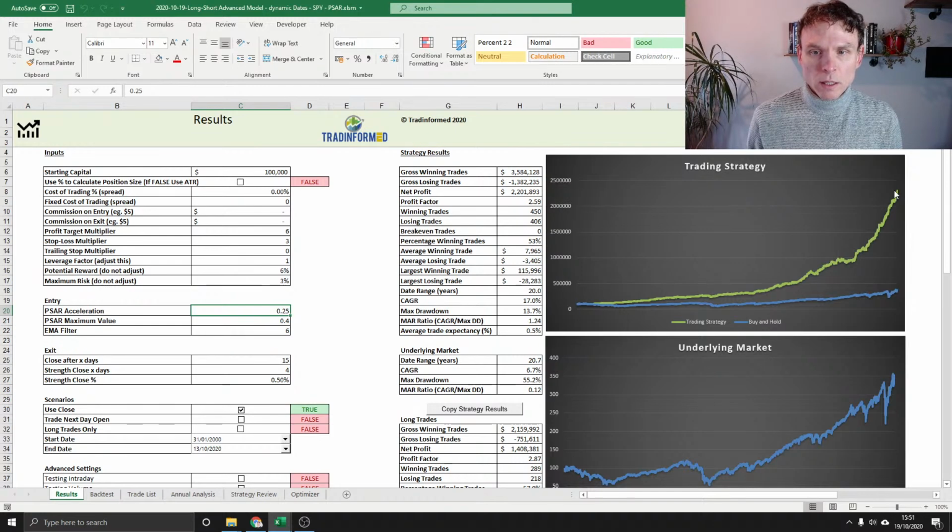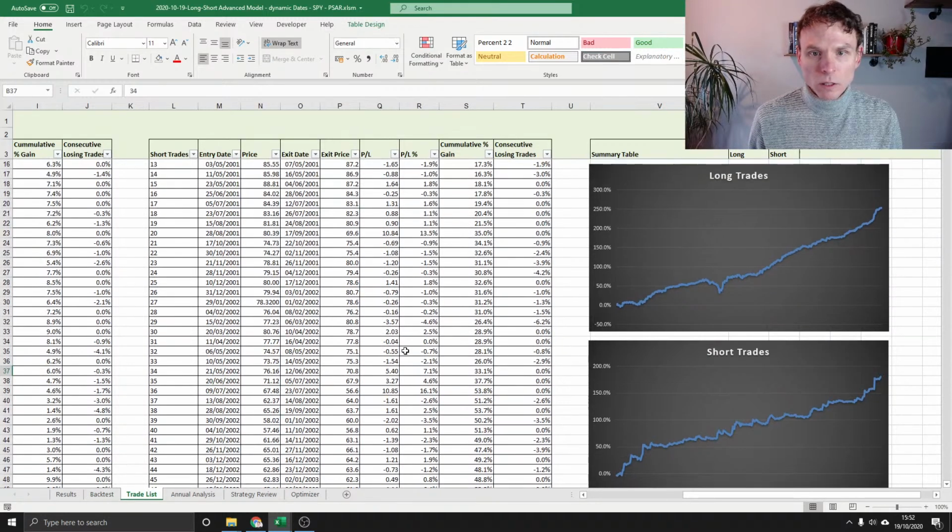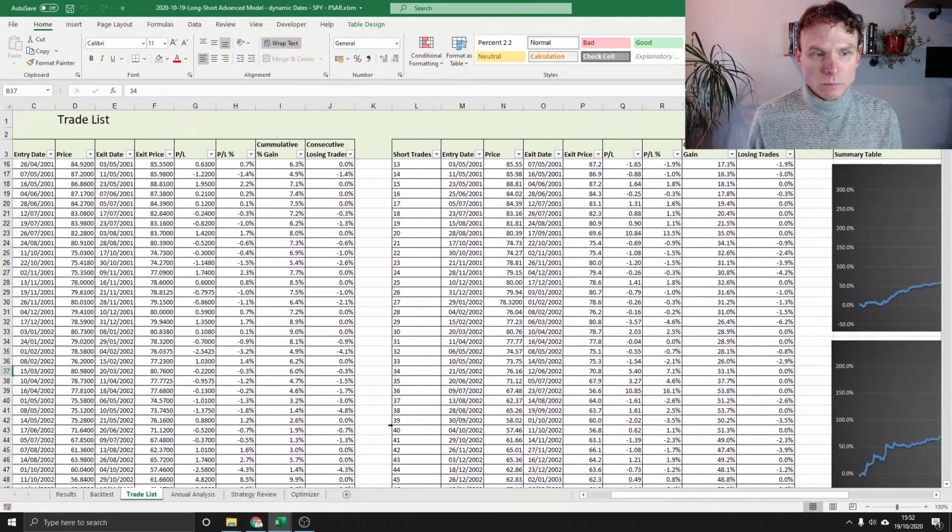whenever we see a parabolic uptrend in the results here, my immediate first reaction, and I'm sure it is of many of you who've been backtesting for a while, is there must be some mistake in this strategy. So what do we do if we think there might be a mistake? Well, first of all, we're having a look here at the underlying moves in percentage terms per trade.